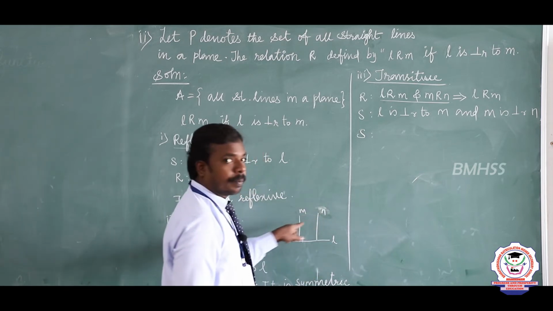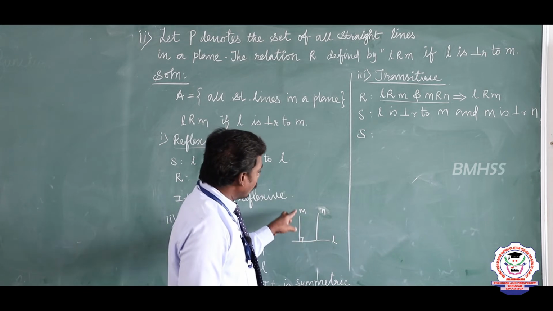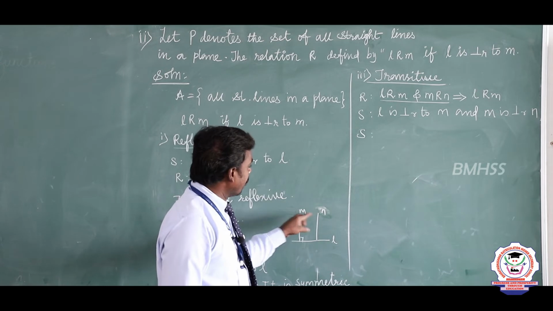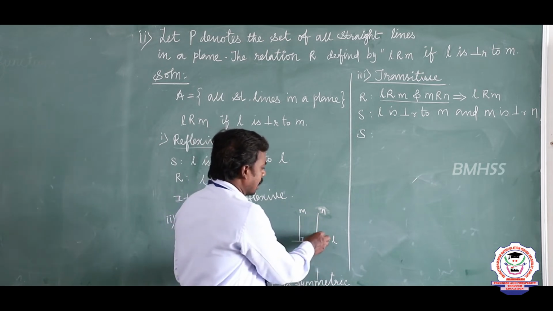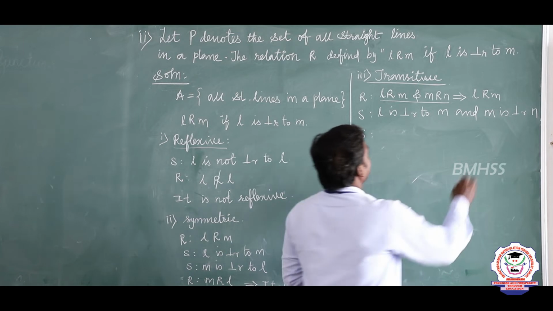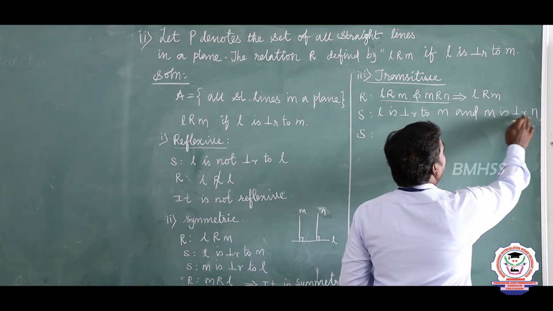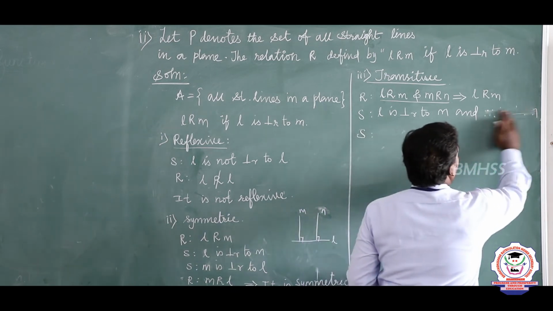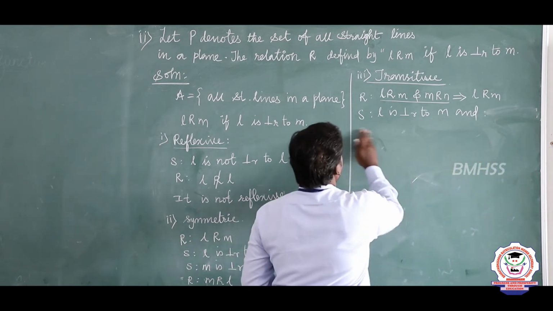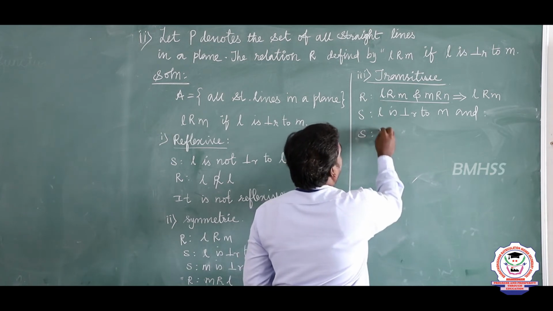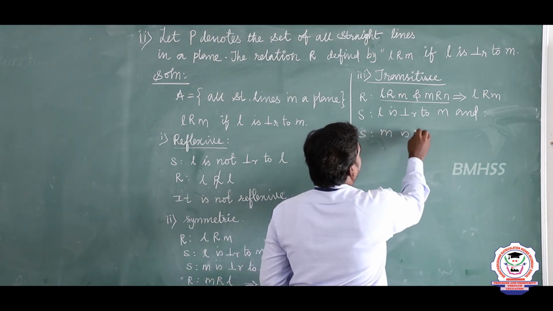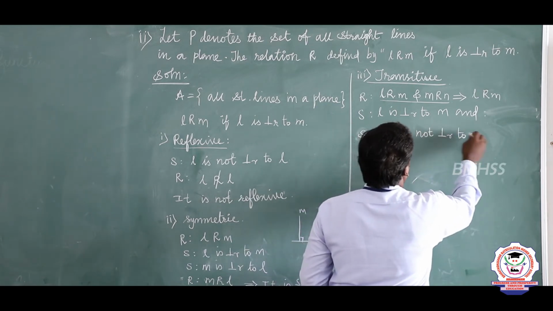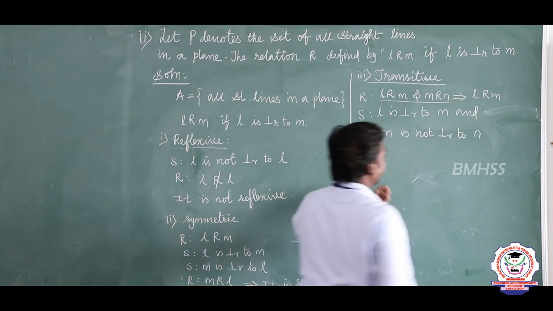This said it is not perpendicular. So M and N are parallel lines. Do you understand? It is not perpendicular. So in the statement, I said M is perpendicular to N, but M is not perpendicular to N. It is parallel.